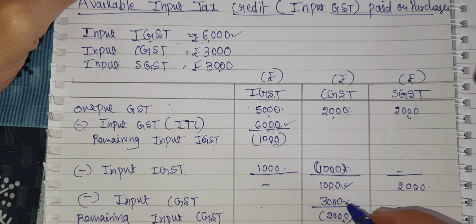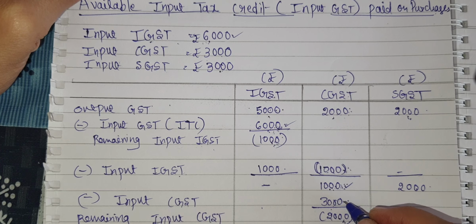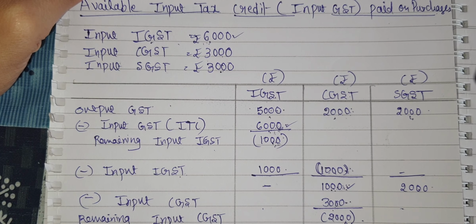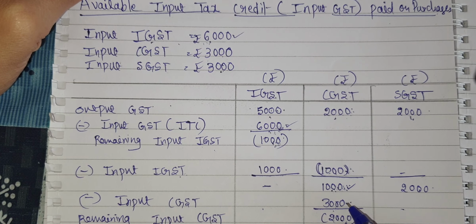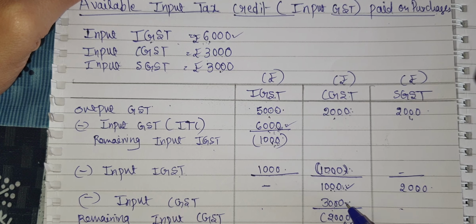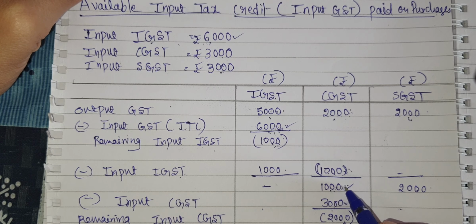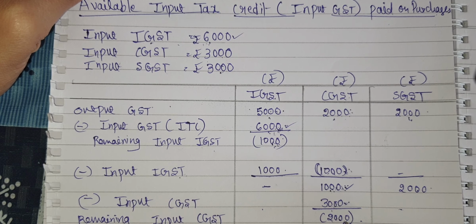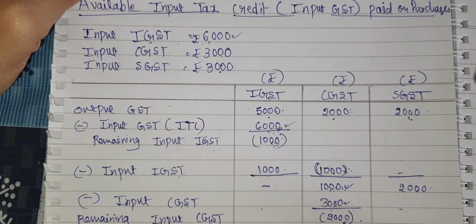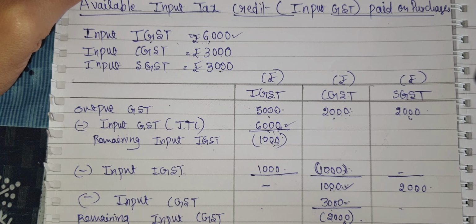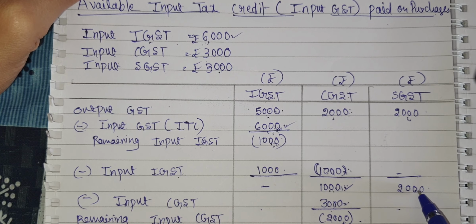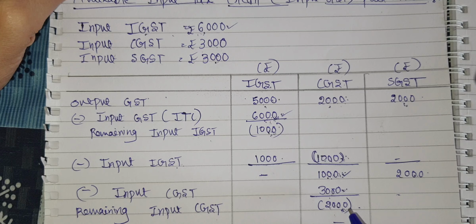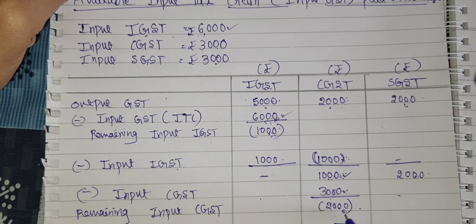Here we have already paid rupees 3,000 and we need not pay any tax to the government, because the tax paid on purchases, rupees 3,000, is more than the output GST. So the remaining input CGST is rupees 2,000, and this remaining input tax credit we should not utilize against SGST. So it becomes an asset under the balance sheet.